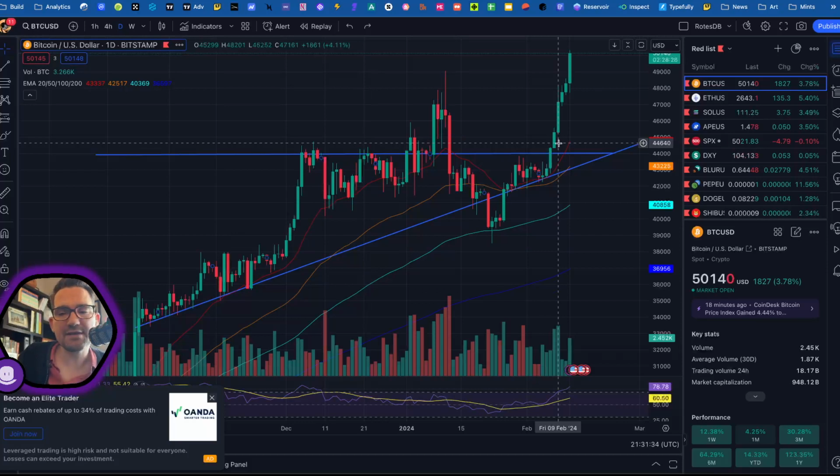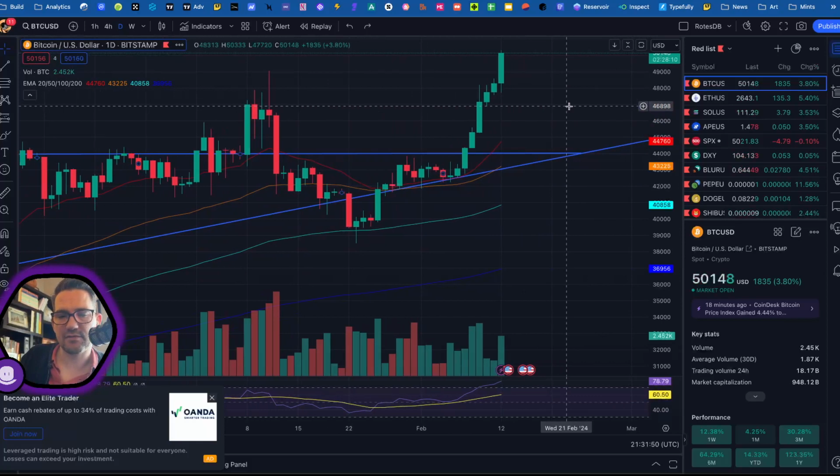So we could see a pullback on prices in general, given the strength. ETH is just being pulled along, I think, because of BTC, although it's actually doing better than BTC today. Both just crushing it, really nice overall.